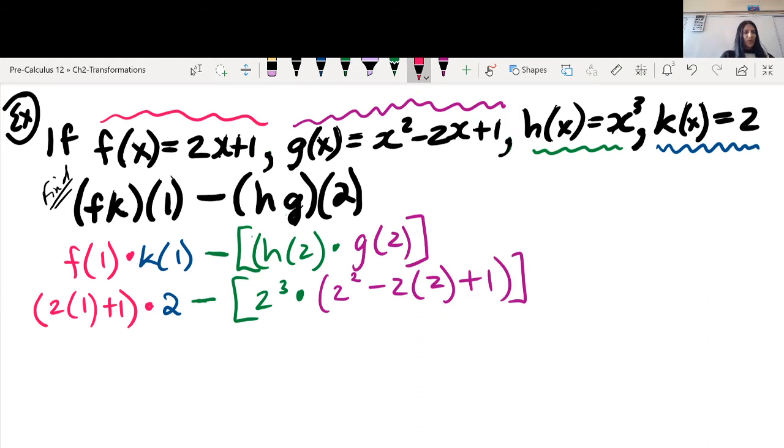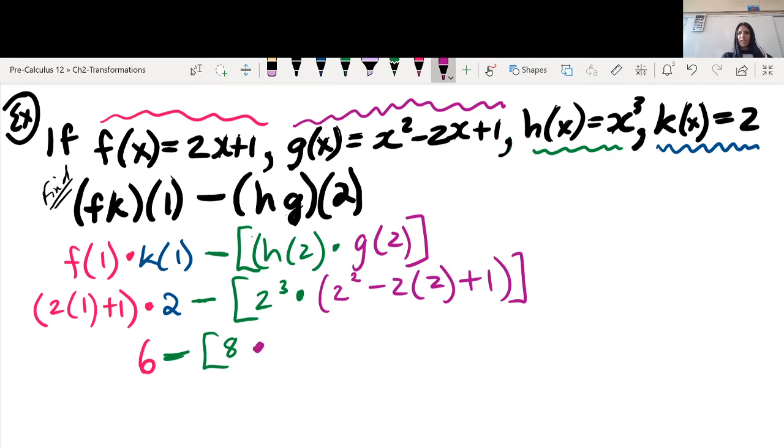Okay, so then working our way through this, do you see we would just get 2 times 1 is 2 plus 1 is 3 times 2, so we just get a 6 here, minus, we'll do this step by step, so that's just going to give us our 8, and just so that you can see super clearly where this is all coming from, we're multiplying that.